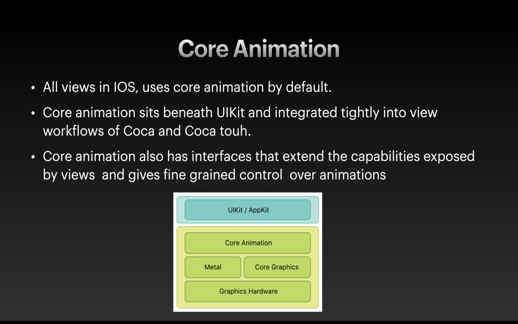Core animation communicates to the graphic hardware, and the graphic hardware actually does that change in the property of the view and animates it by default, or you can explicitly define the animation, and that communicates back to the core animation framework, and core animation renders that view on the screen. So core animation is the main interface between the UIKit framework and graphic hardware.